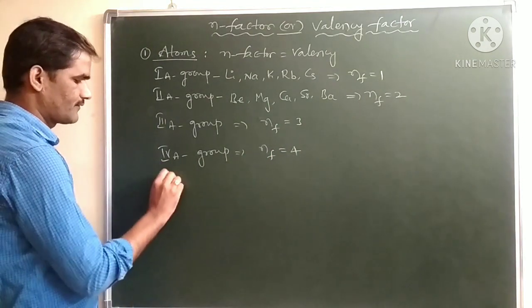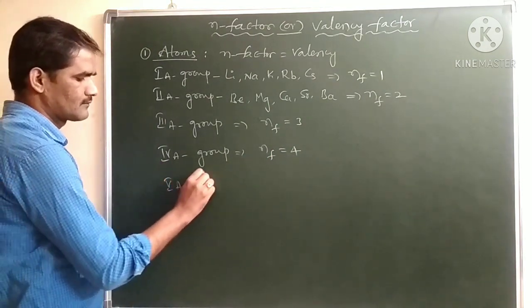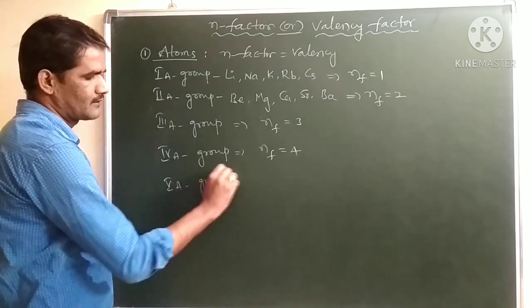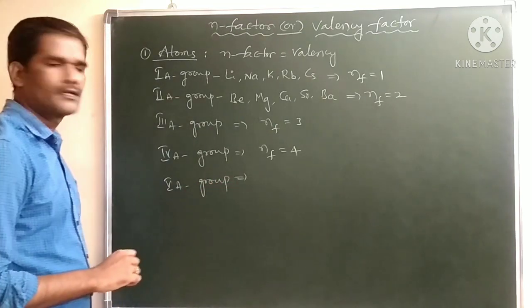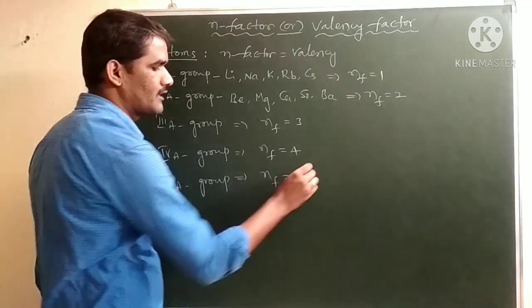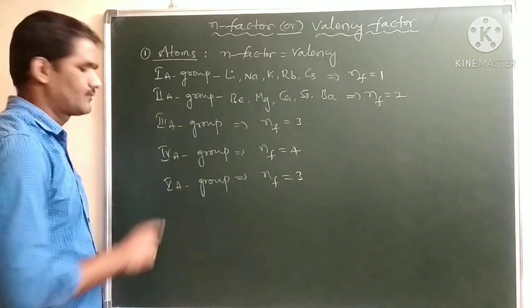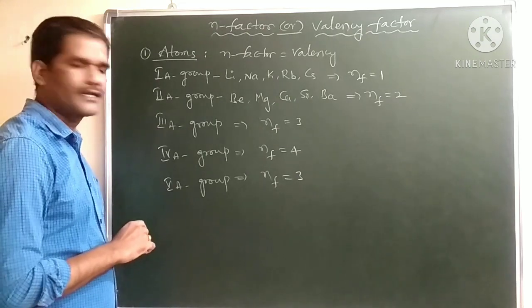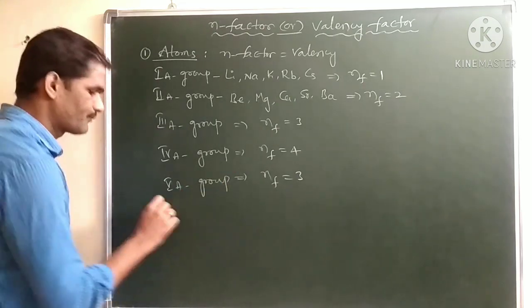Whereas fifth A group elements, that is the nitrogen family, here it is not 5, the N factor is 3. Again the valency of nitrogen family is 5, but the N factor is 3.